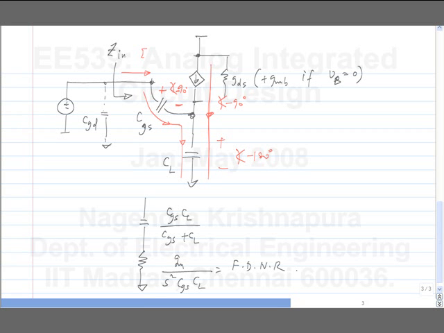So that can cause problems if you have a large source resistance. If you drive it with an ideal voltage source, any impedance is not a problem. The ideal voltage source will drive whatever current is necessary through this. Now, one of the problems is, for instance, if you have a positive resistance here, and if the negative resistance happens to cancel it exactly, then you could have potential instability problems.